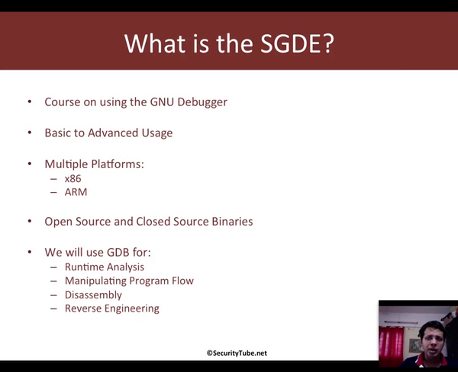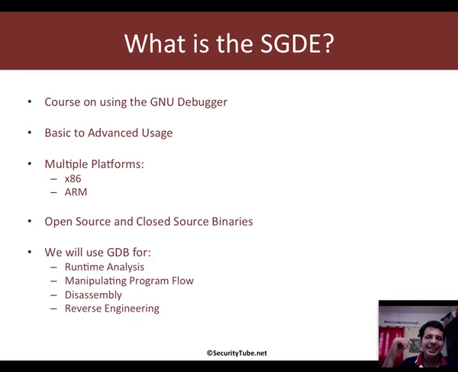Now we will use multiple platforms, x86, ARM, if time permits, probably others as well. And we will try and look at both open source as well as closed source binaries and how you can debug them with GDB.